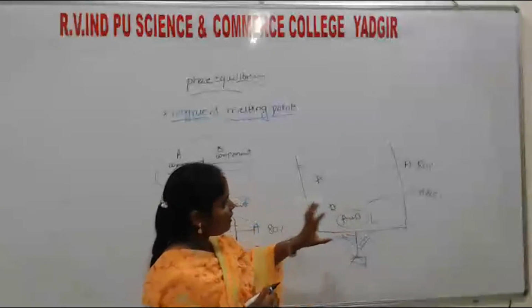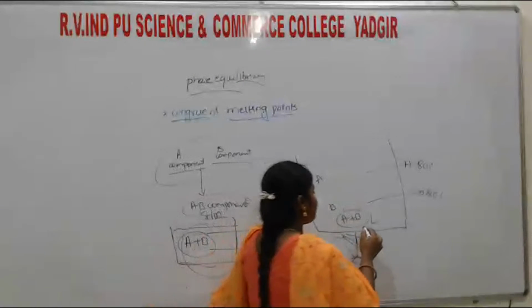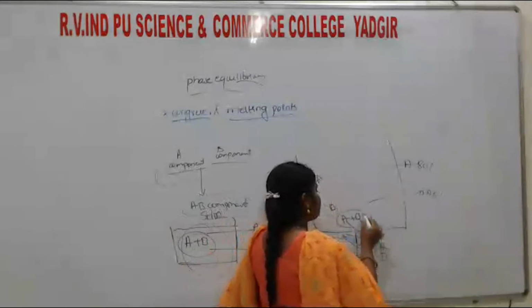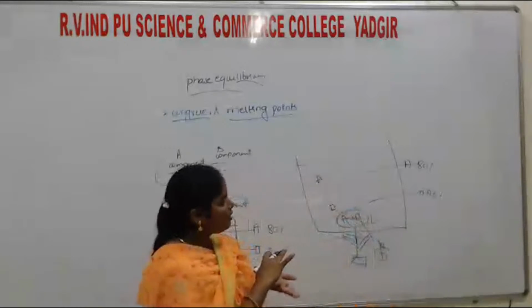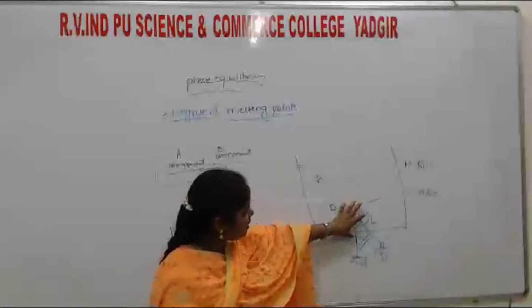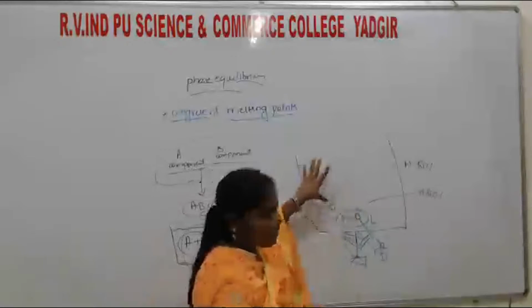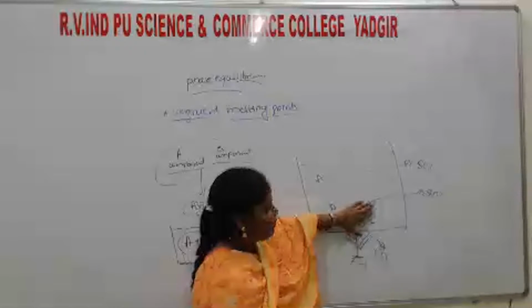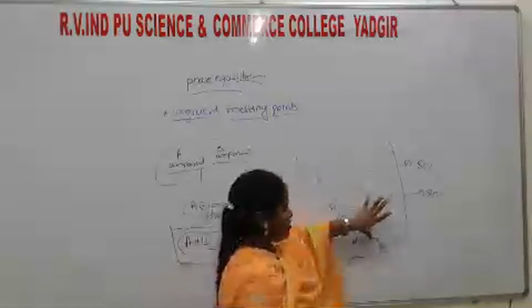You cannot find which is A and which is B, because they react to form another phase.